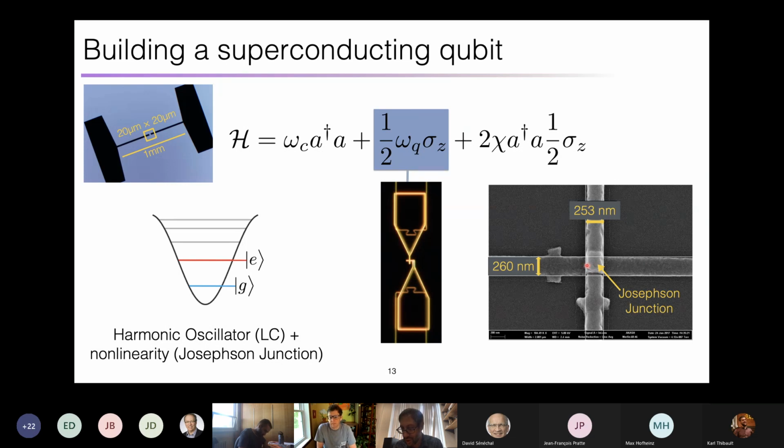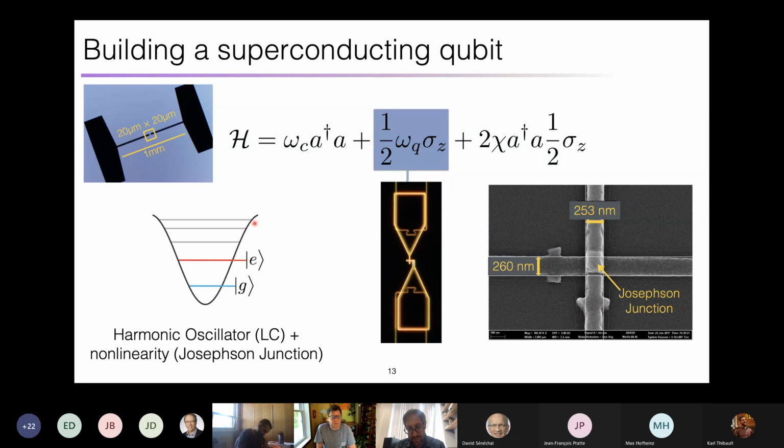So it's a tunnel junction, and these big pads act like a C, and the junction acts like an L. So it's like an LC circuit, which would be a parabola, but the Josephson junction is a very nonlinear inductor, and so instead of a parabola, it's actually a cosine.